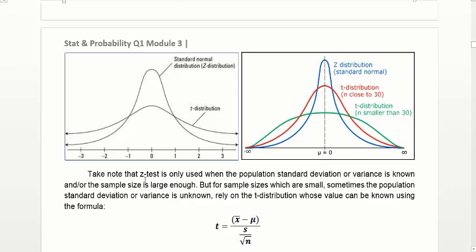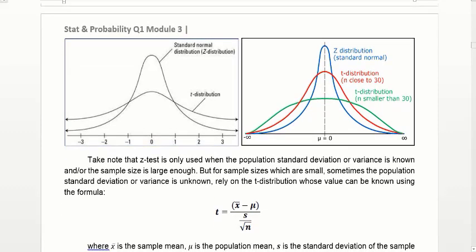So, take note, the z-test is only used when the population standard deviation or variance is known, and or the sample size is large enough, meaning more than 30. But for sample sizes which are small, sometimes the population standard deviation or variance is unknown. Rely on the t-distribution, whose value can be known using this formula. So this is our formula for getting the t-value.